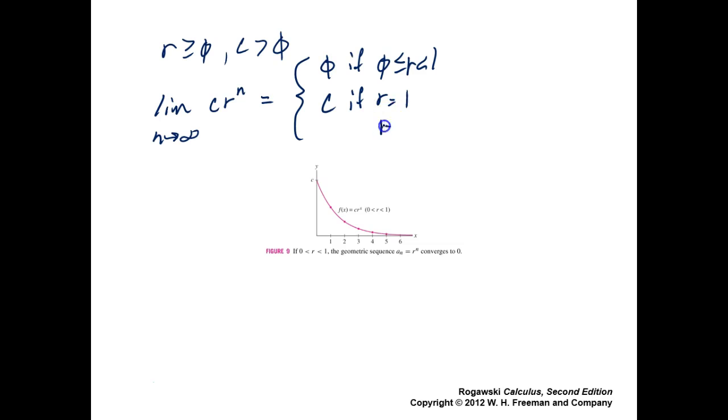But what if r is anything greater than 1? It's going to infinity, because now you're getting a number, even 1.1. Square that, you get 1.21. Square that again, and it just keeps getting bigger. So when n gets big enough, that whole thing's going to infinity.